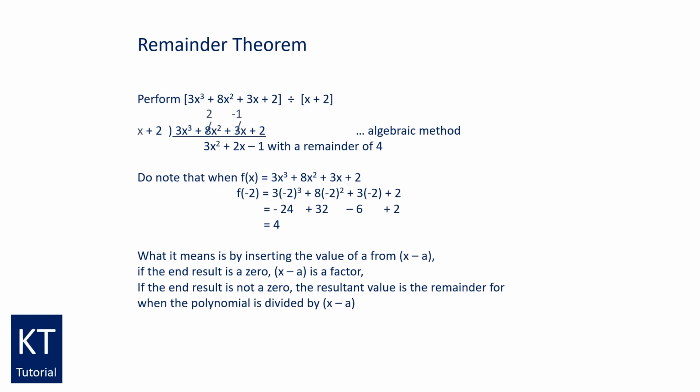Therefore, what it means here is that by inserting the value of a from x minus a, if the end result is 0, x minus a is a factor. And if the end result is not a 0, the resultant value is the remainder 4 when the polynomial is divided by x minus a.